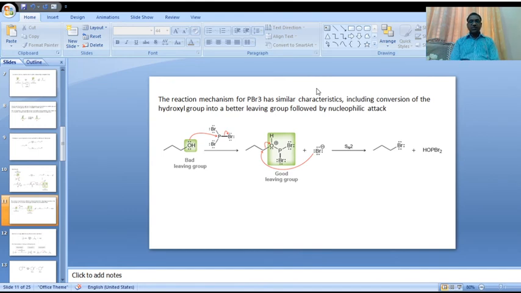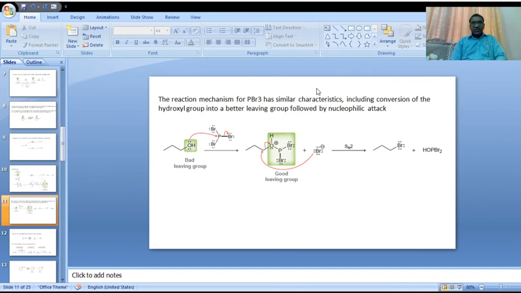Please observe and concentrate, all the students. These mechanisms are very interesting. Please concentrate on each and every step, and on which type of reaction proceeds, SN1 or SN2.